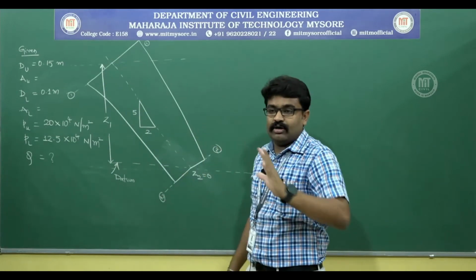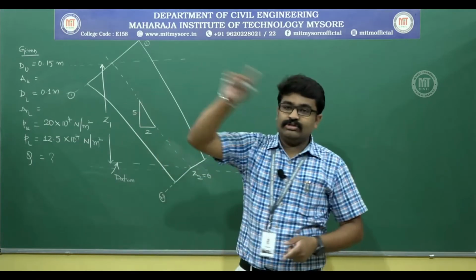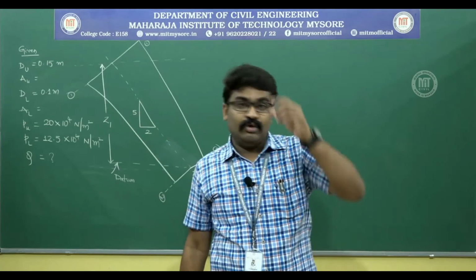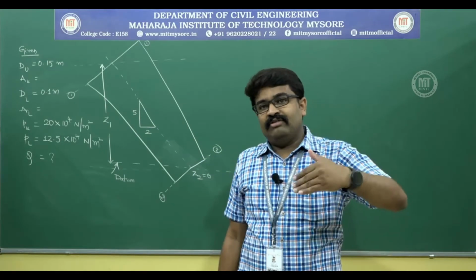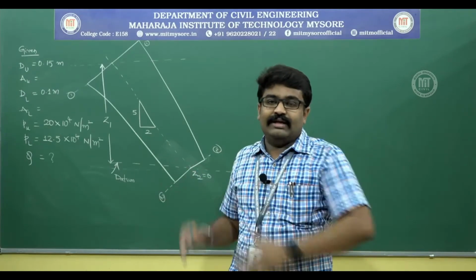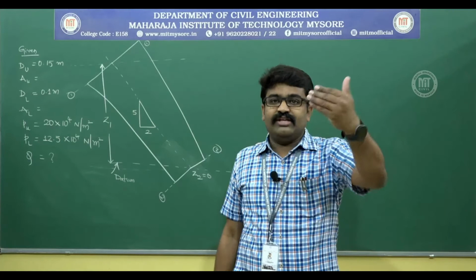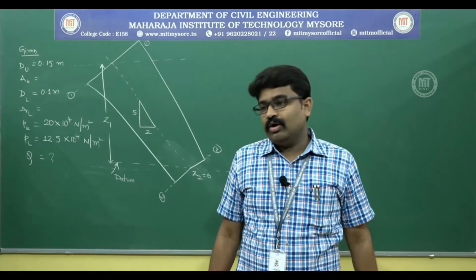Both A1 and A2 are known. Hence you can keep V1 in terms of V2, and once you put that into Bernoulli's equation, there will be only one unknown in the one equation. Solving that, you will get V1 or V2, and using which you can get the other velocity, and through which you can calculate the discharge. That is how we are going to go ahead.